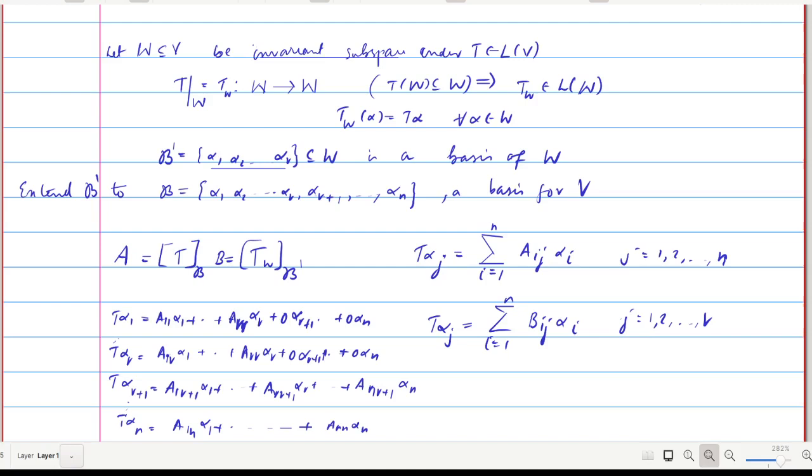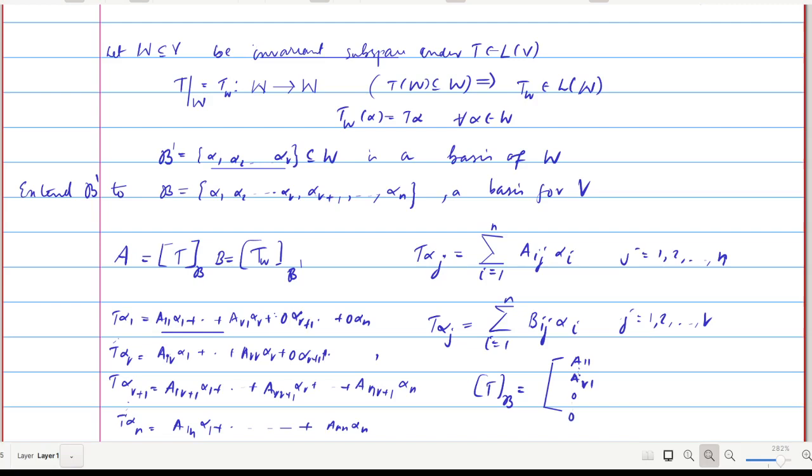Now you write this matrix, the matrix of T relative to the basis B. That is the same as A11 etc. A_r1, and the rest of them are 0.